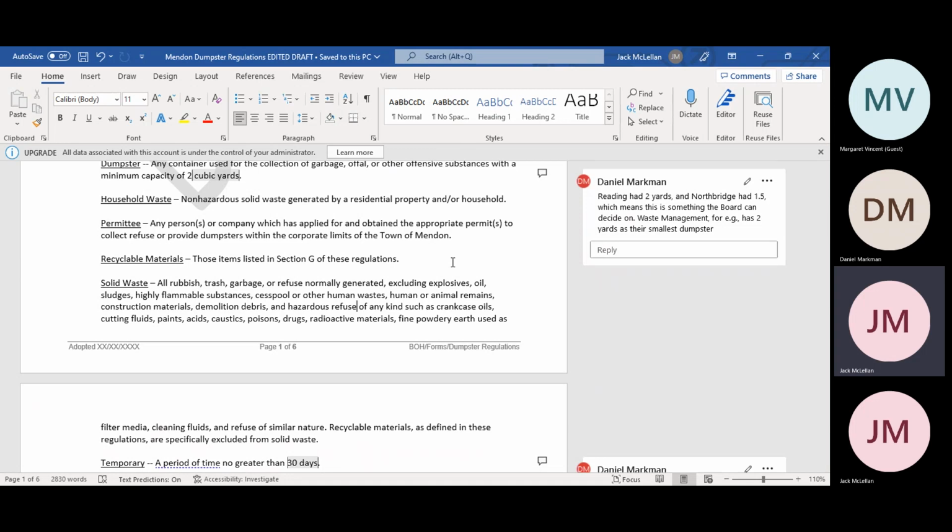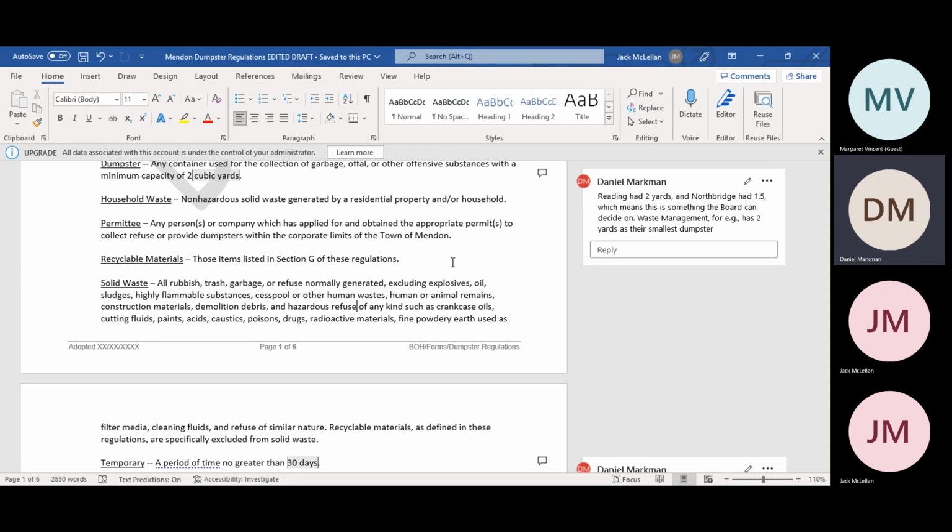But the fact that it says all rubbish is a little tricky. All rubbish, trash, garbage. It seemed like some cross meaning between both of those, because we always call household waste rubbish. Yeah, and the rubbish man is here. Dan, any comments on those 2 definitions?